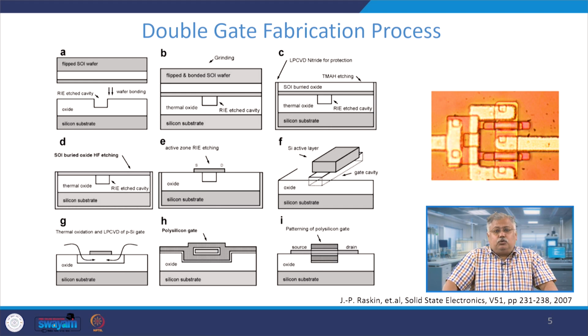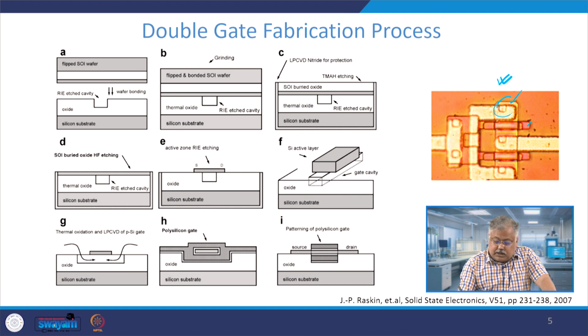So, let us come to a double gate fabrication process. What you see to the right here is basically the image of a double gate MOSFET, where this is the metal gate which you see. I have a source and drain. So, we will go step by step and explain the whole fabrication procedure at this stage. If you look very carefully in this case, this is my source.